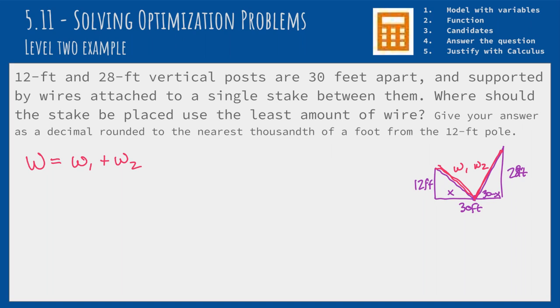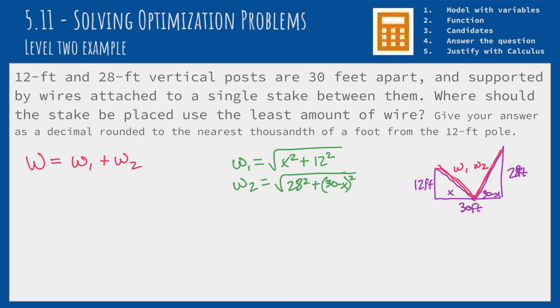in this problem. So using the Pythagorean theorem, we're going to have W1 is equal to the square root of x squared plus 12 squared. And W2 is going to be the square root of 28 squared plus (30 minus x) squared.